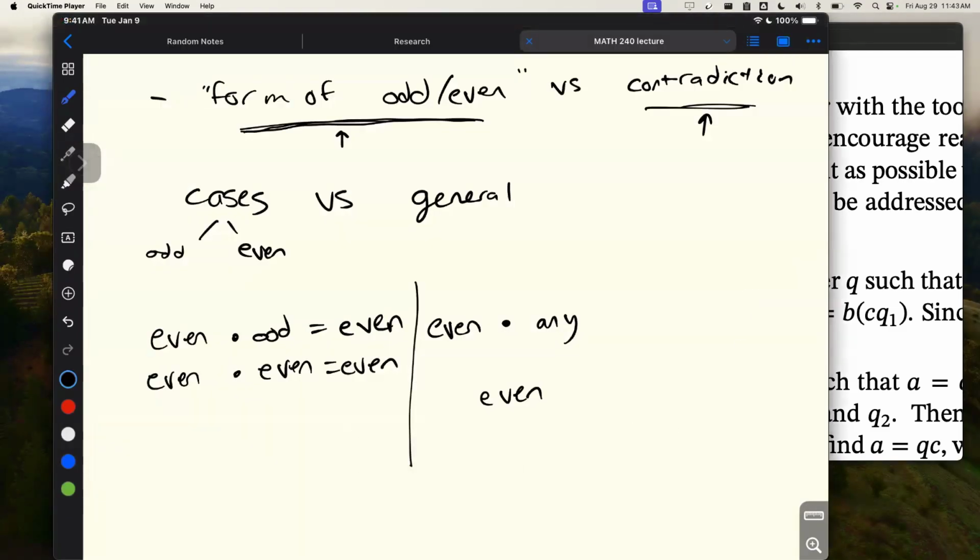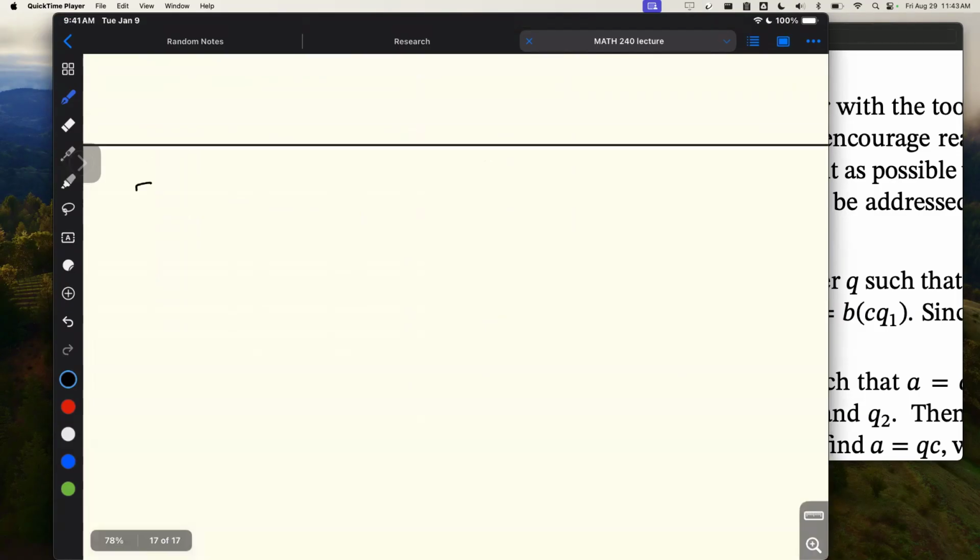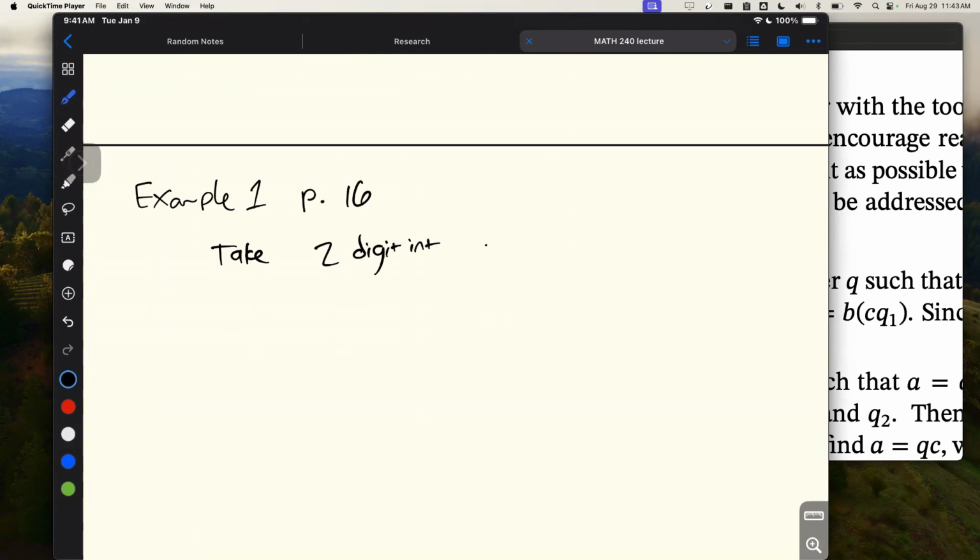I do want to briefly talk about their example 1, which is on page 16 of the book, where we take any 2-digit integer, switch the digits, subtract the obtained number from the original one, and prove that the difference will always be divisible by 9.